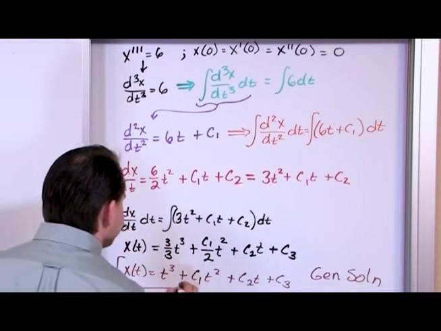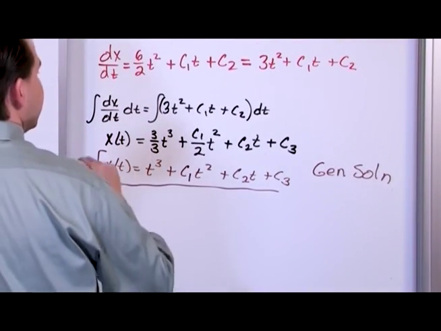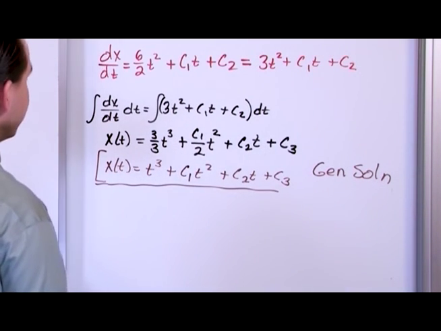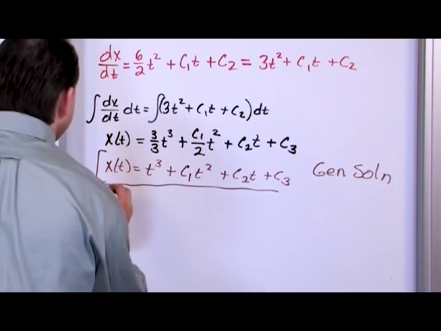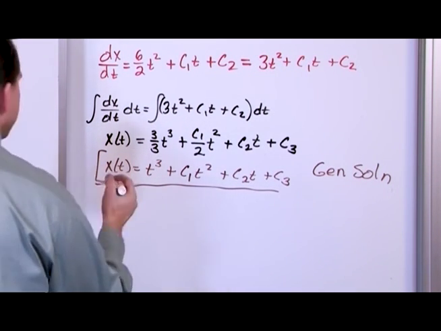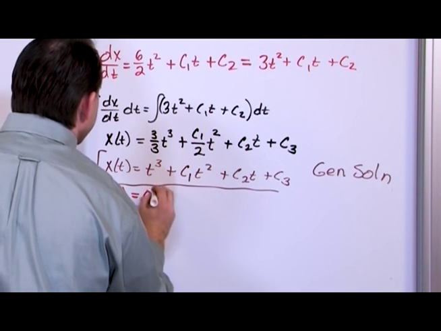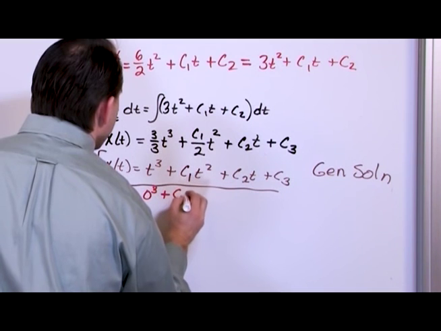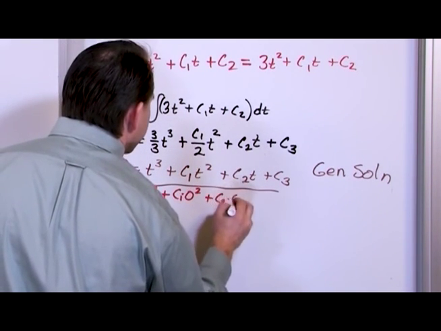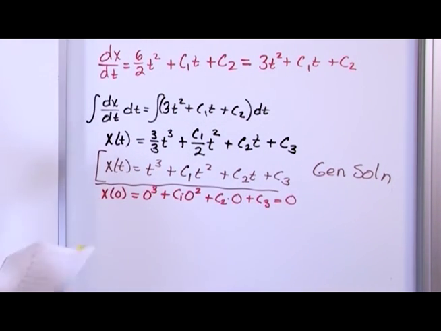Now we'll draw a little line and see if I can do this without crowding the board too much. So our initial conditions are basically easy because all of them are at time 0 and they're all equal to 0. So we'll just put in, let me change colors, at time 0, 0 cubed plus c1 times 0 squared plus c2 times 0 plus c3, and that's going to equal 0 because all these initial conditions were equal to 0.